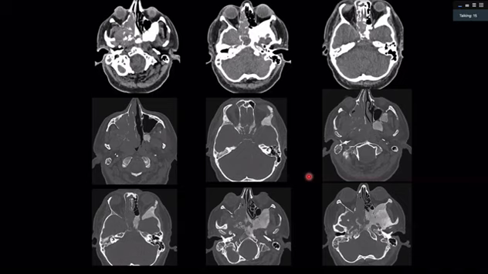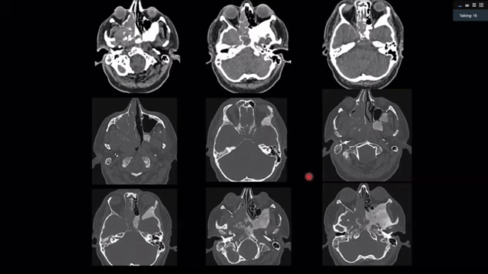So I have selected axial reconstructions from a CT scan of the base of skull with both soft tissue and bone windowing. There's a diffuse bony abnormality centered around the left anterior and middle cranial fossas, which specifically in the region of the left sphenoid wing has bony expansion with a fibrous matrix.